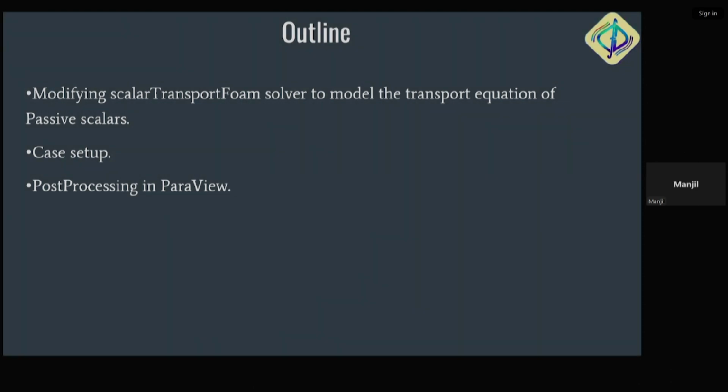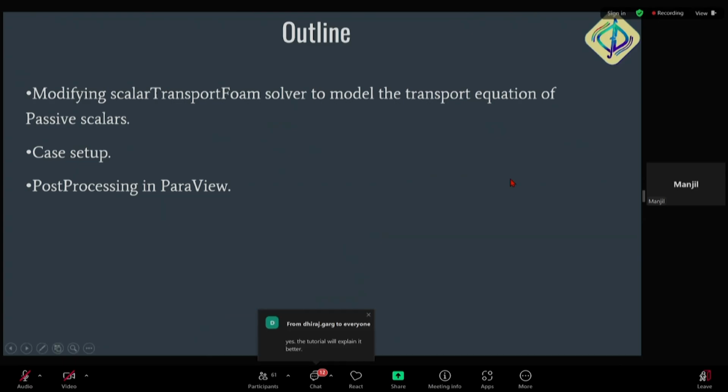The basic outline of today's workshop is that we will be modifying the scalar transfer form solver to model our equations of the passive scalars, and we'll be learning how to set up that case and do the post processing in ParaView.